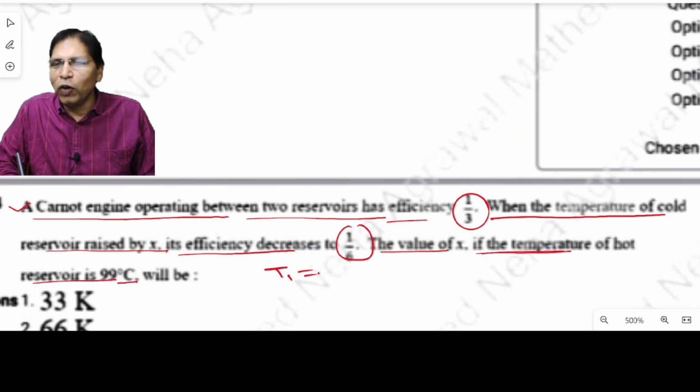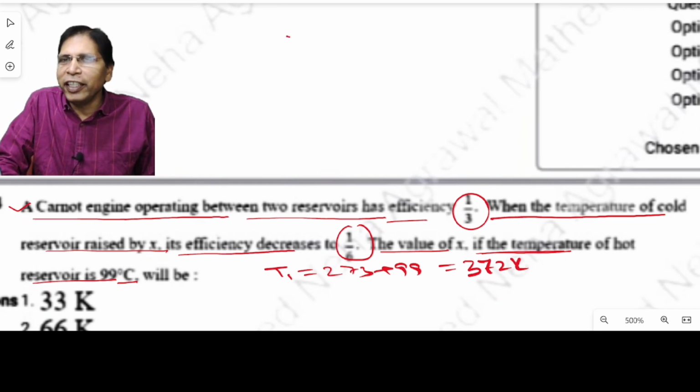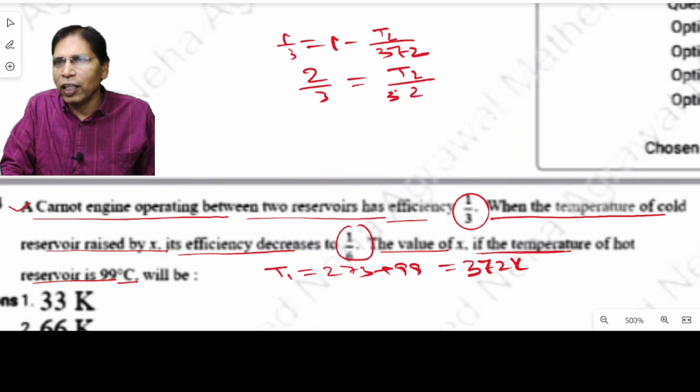So T1 equals 273 plus 99, so this is 372. Okay, no problem. Now the efficiency eta is 1/3, which equals 1 minus T2 by 372. So this is 2/3 equals T2 by 372.